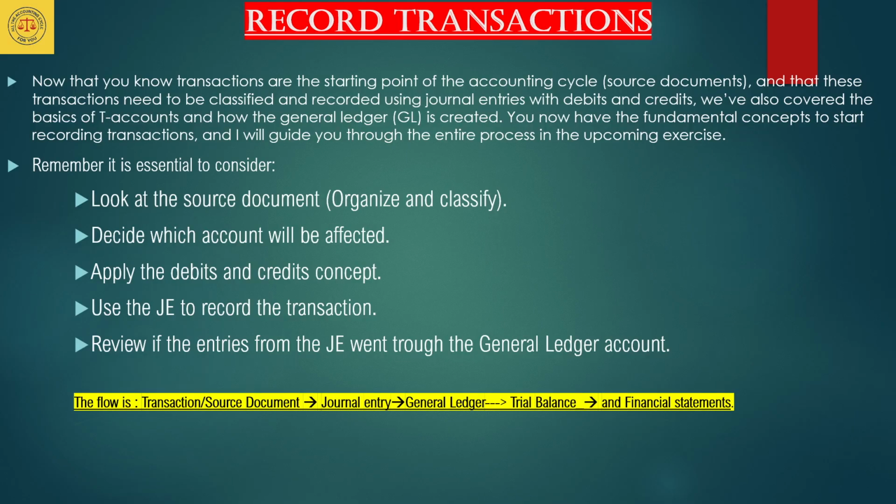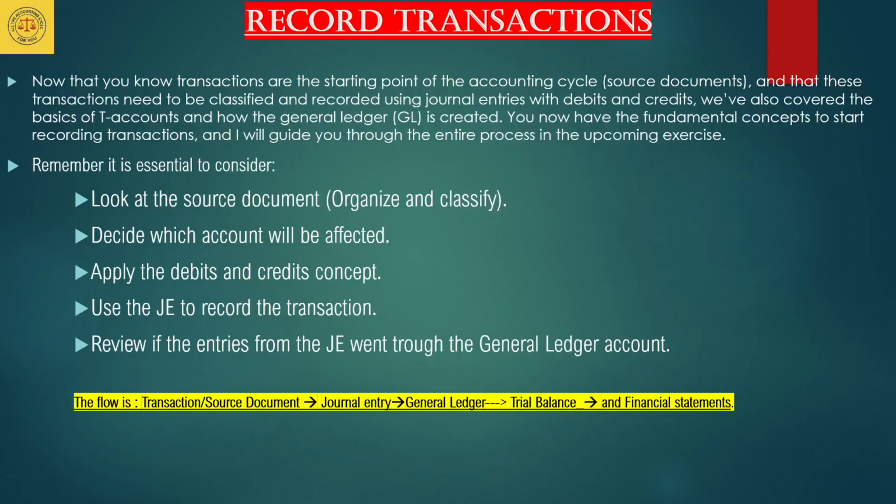And after you journalize that information, that activity goes to the general ledger, which is an independent account that shows all the transactions that impact that account, only separate accounts. And from there, you can make a trial balance.